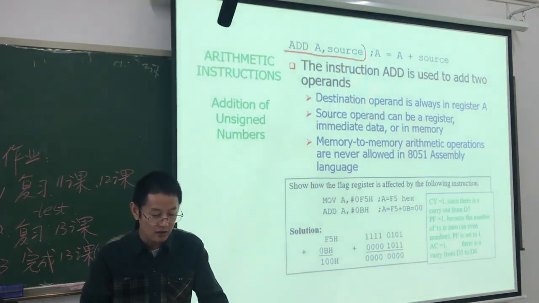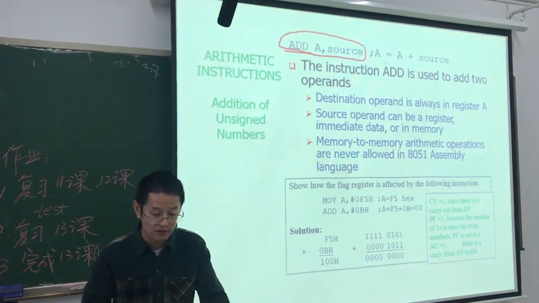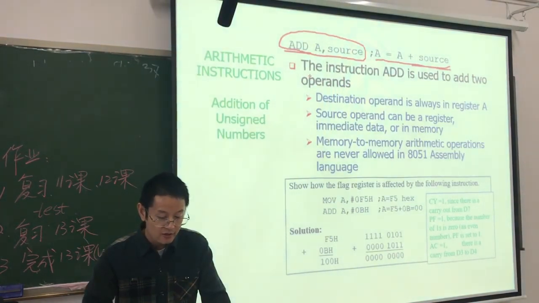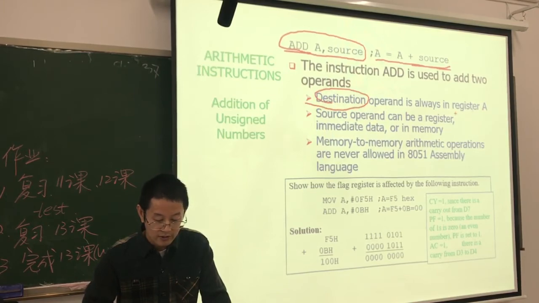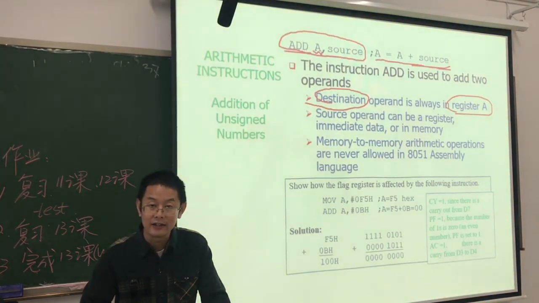This is the instruction format, which means A equals A plus source. The instruction ADD is used to add two operands. The destination operand is always A, which means the first is A. You need to remember.